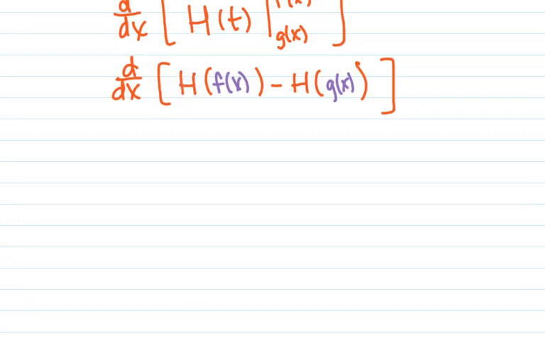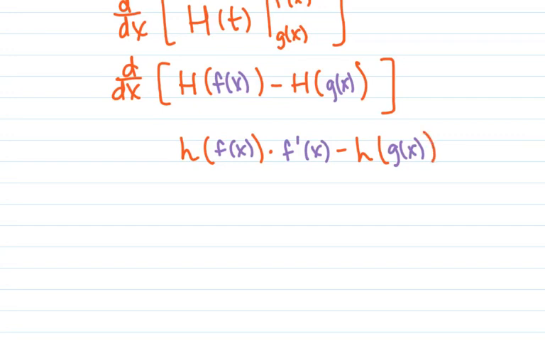We take the derivative of the outside, and the derivative of the antiderivative just gives me my regular h back of f of x, times the derivative of the inside, which would be f prime of x, minus the derivative of capital H, which is regular lowercase h of g of x, times the derivative of g of x.